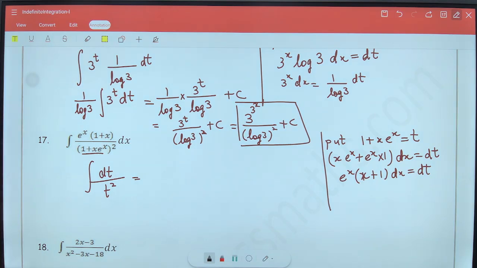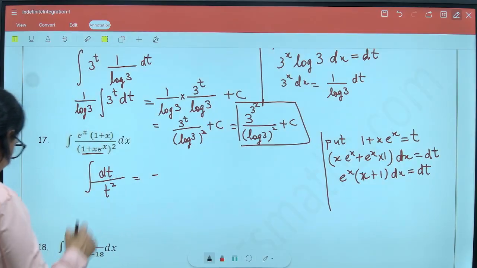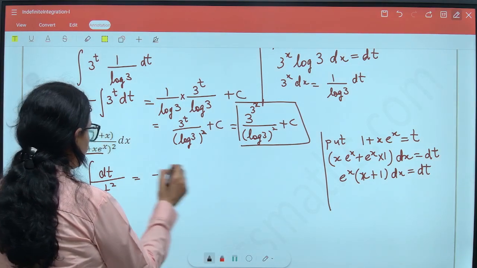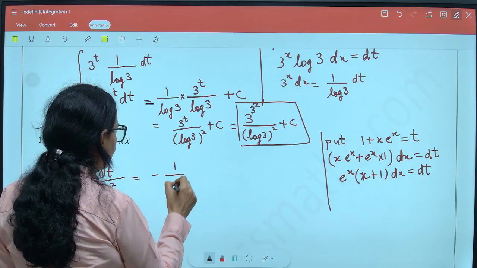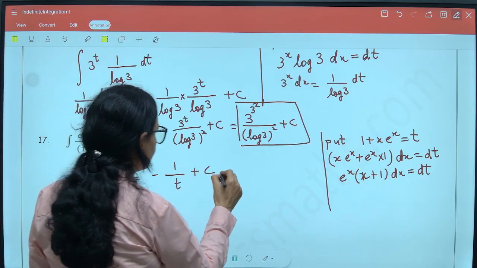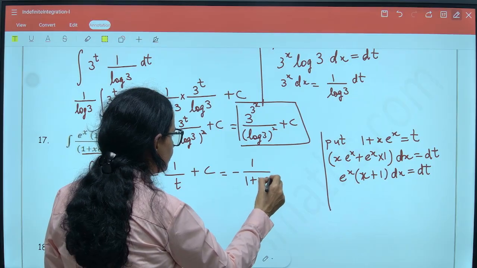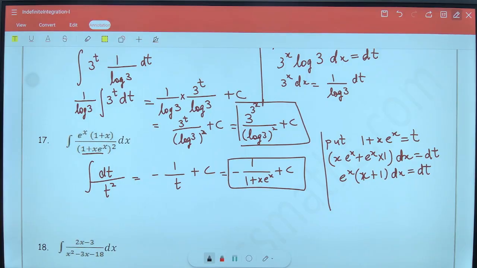So it is going to be minus, t raised to power minus 2 plus 1 is minus 1, so it is minus 1 upon t plus c. Again I need to replace this t, it becomes minus 1 upon 1 plus x e raised to power x plus c. So this is my final answer. Easy?